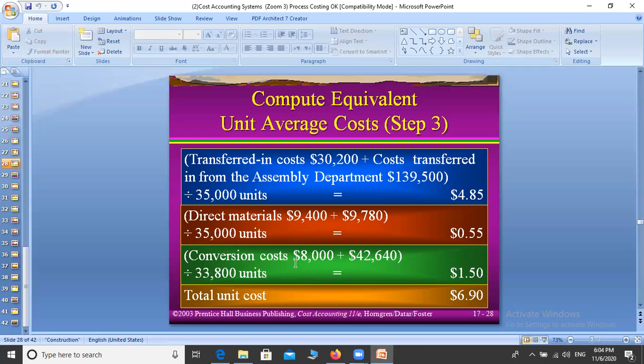Conversion cost: 8,000 from beginning plus 42,640 from the period, divided by 33,800 equivalent units, gives 1.5. So total unit cost is 6.90.